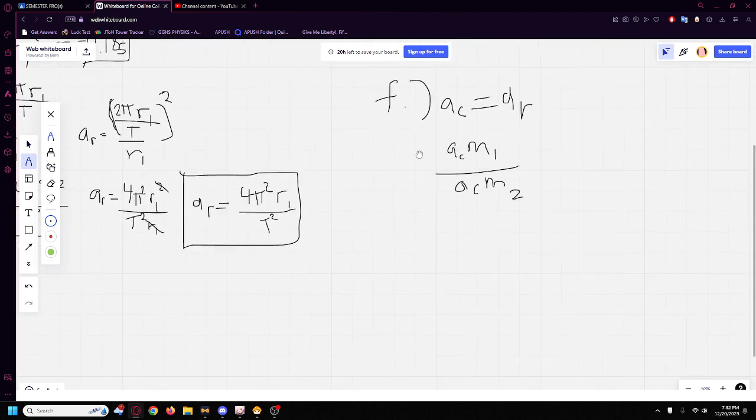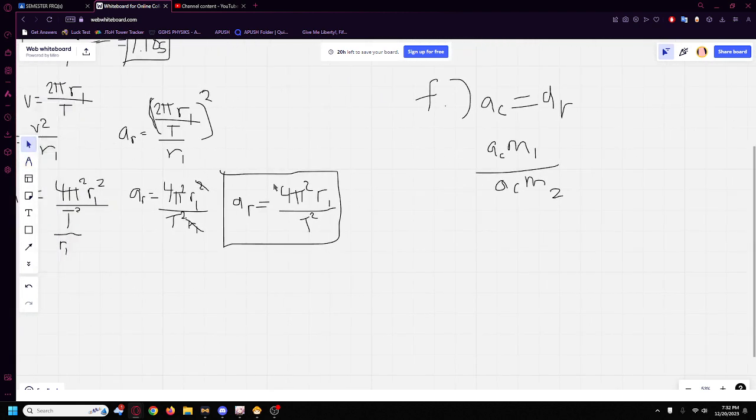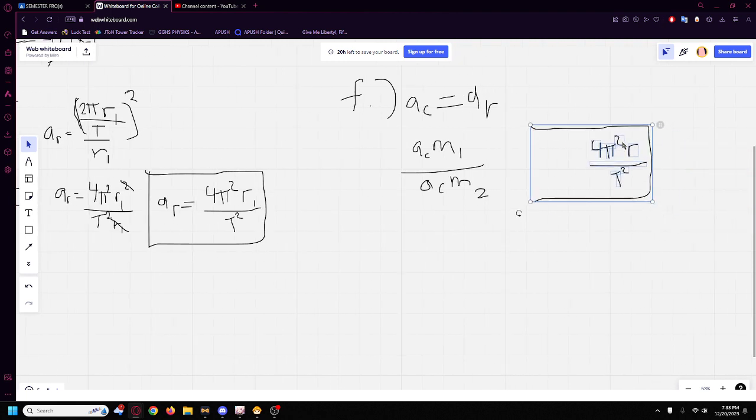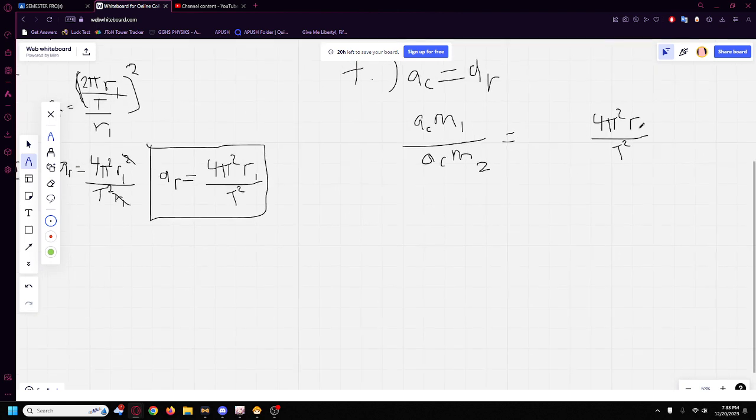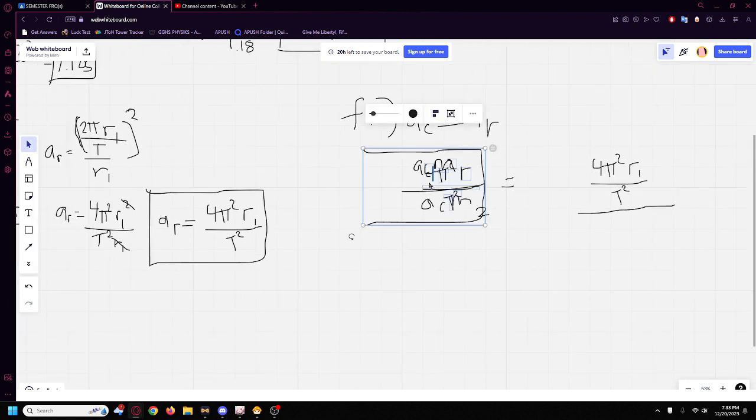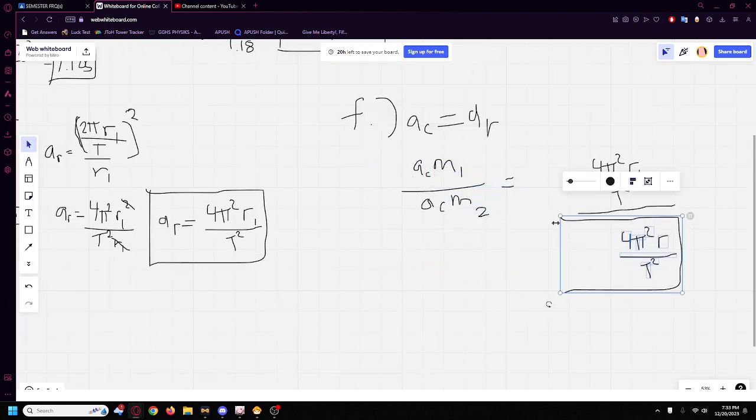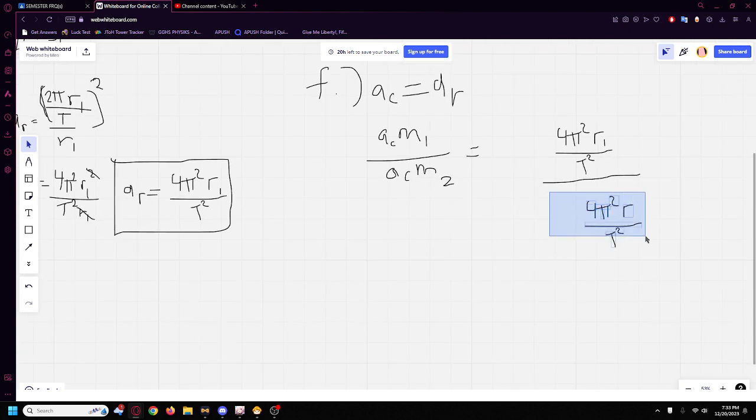So a_c is equal to 4 pi squared r1 over t squared, divided by 4 pi squared r2 over t squared.